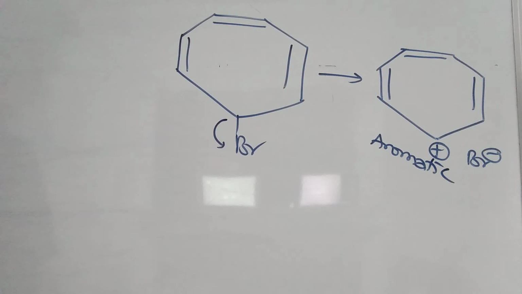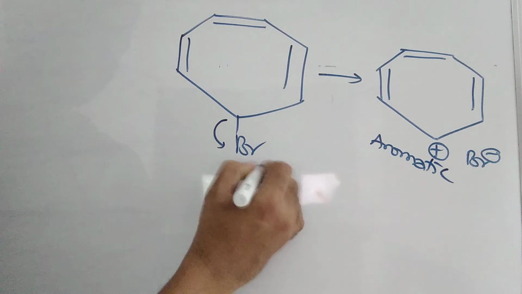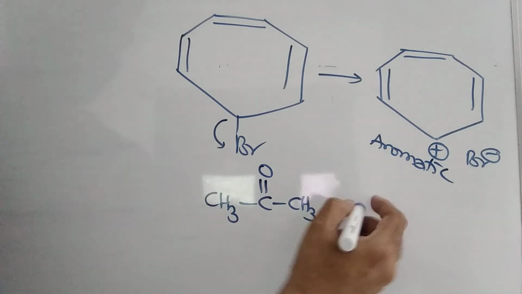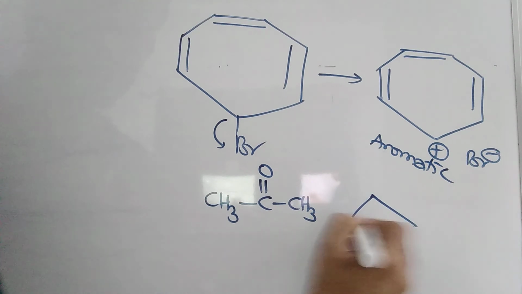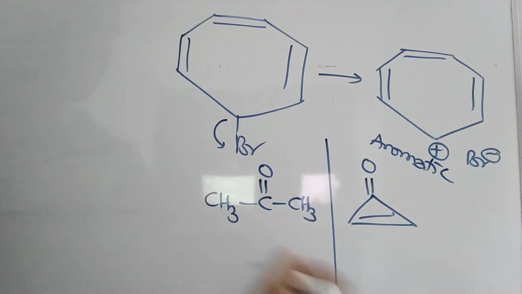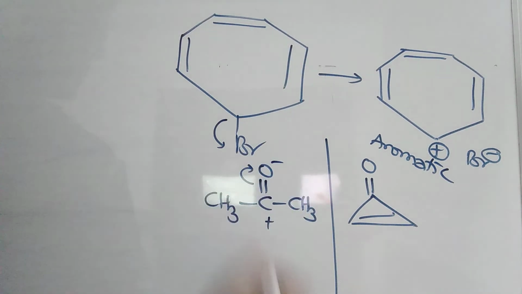Cyclopropenone has a greater dipole moment than acetone. Acetone we know, CH3, C double bond O, CH3. And another is cyclopropenone. Cyclopropenone will be like this. More dipole moment you can see in this case than this, because if it is shifting here, nothing special, minus and plus.